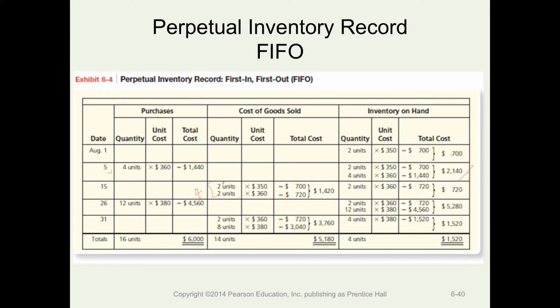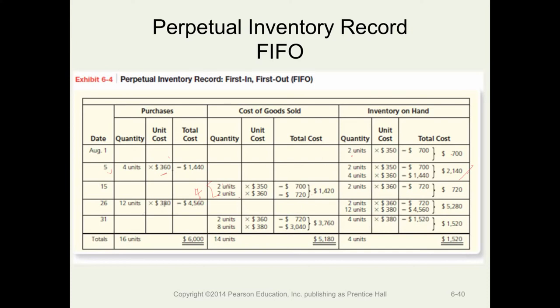First ones in are the first ones out. The cost of sales is the oldest. It comes out of the first batch, beginning inventory, at 350. The second 2 units come out of the most recent purchase, which is at 360, and therefore it is 720. So it's the oldest cost going to the next oldest cost.